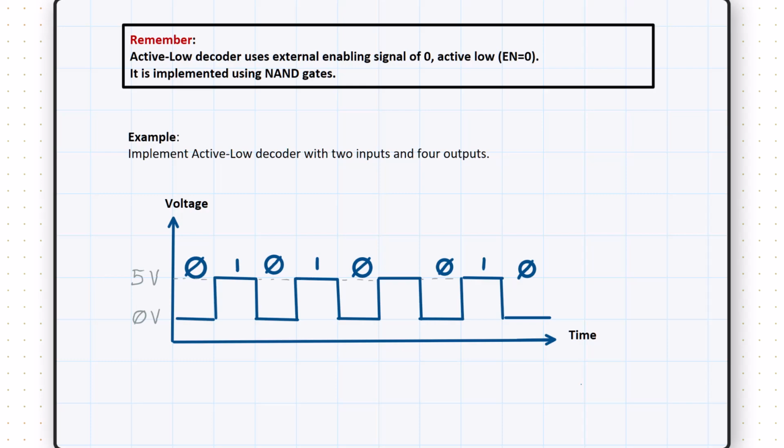A digital signal which has a value of 0 is treated as a low signal. A digital signal which has a value of 5 volts is treated as a high signal.